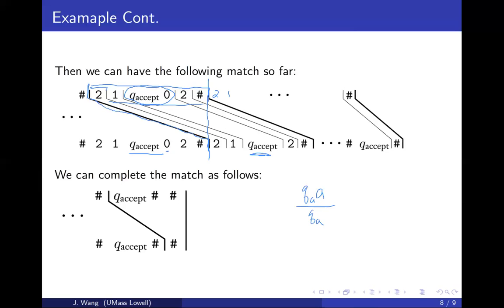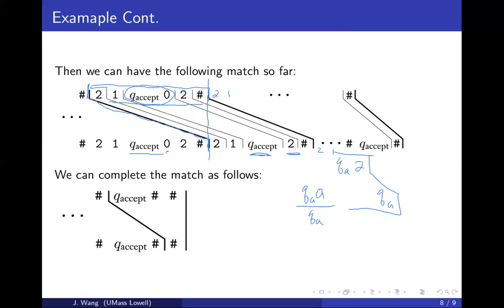I have 2 and 1, and Q accept will just be Q accept, and then on top of it, it'll be Q accept 2. So that's another one, okay? And then you keep on doing it until you will have nothing on the right, because you see here, we got 0 now.